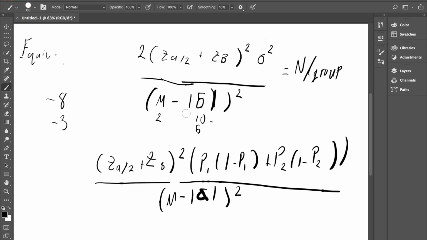Similar thing is happening, but this time I'm taking a look at this relationship. Because my margin is first now, the relationship is still being driven by n per group. But now my margin is on this side of the equation instead of the other side. So minus 8 squared is still positive, 3 squared is still positive.